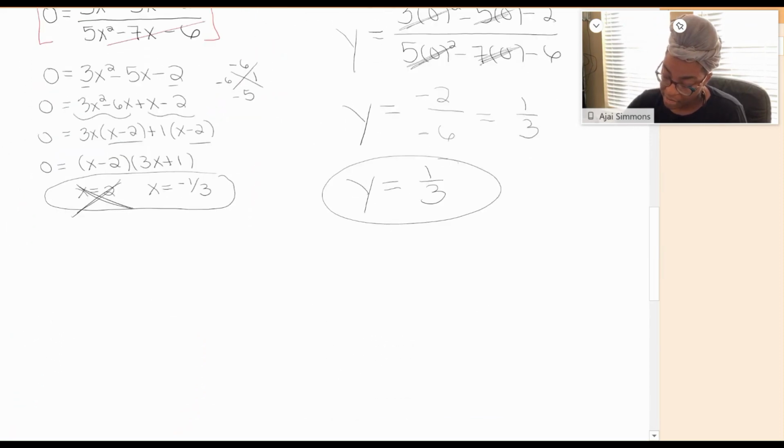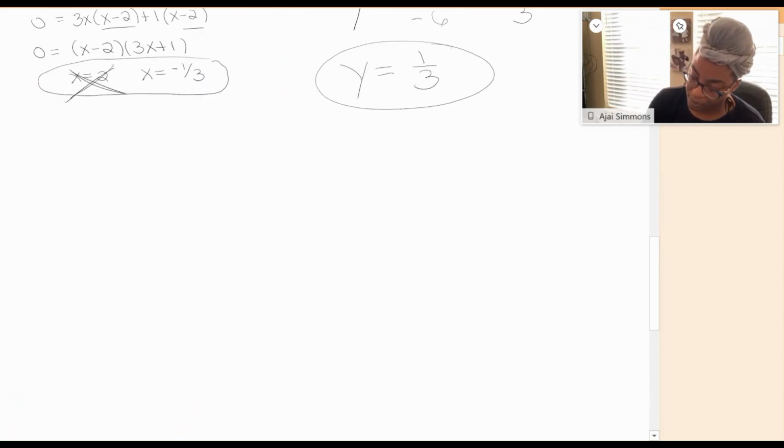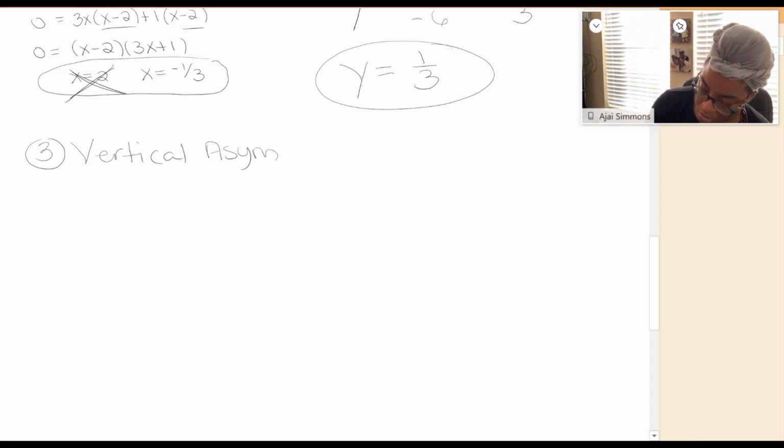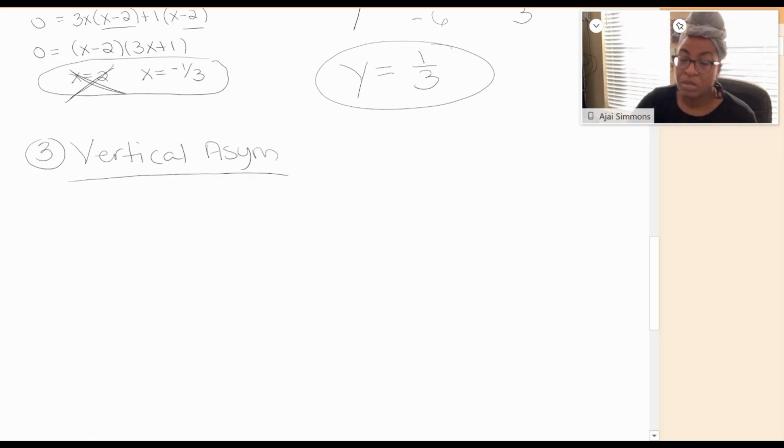Okay, step 3. I got to find the vertical asymptote. To find the vertical asymptote, you need to reduce it, and then set your denominator equal to 0.